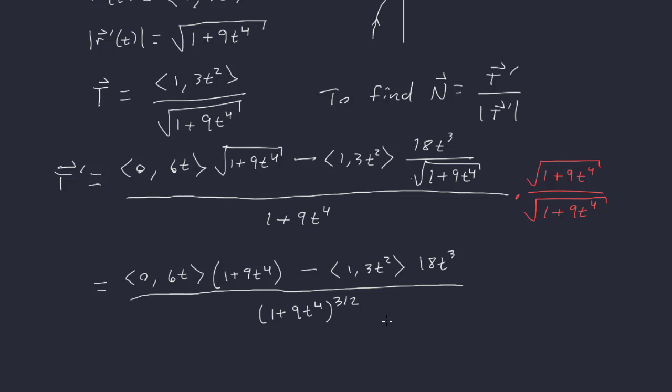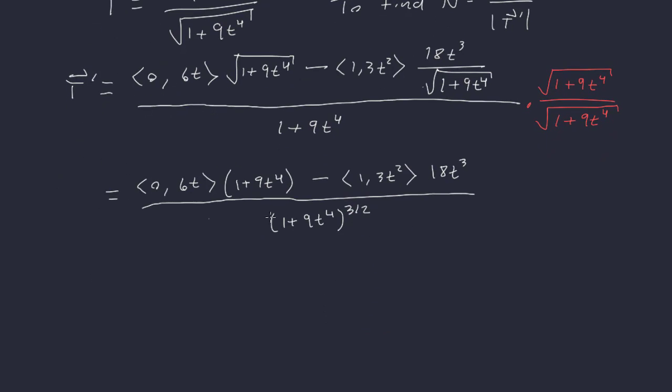Okay, now I'm going to clean this up a little bit, and I'll spare you seeing every single step there, but we're going to do some scalar multiplication, then vector arithmetic. And I just want to reestablish here, this is the quotient rule that we're applying.